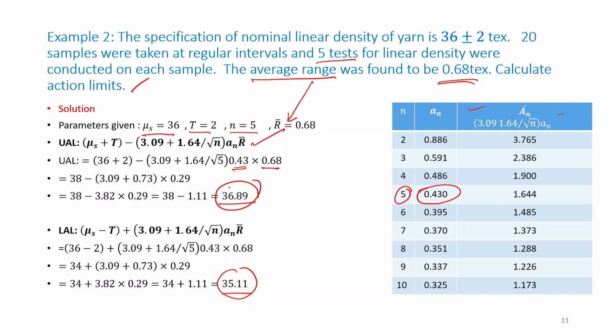The actual tolerance is 36 plus minus 2, that means 38 and 34. But the modified limits based on sample averages are going to be 35.1 and 36.89 or 36.9. These then become the two limits.